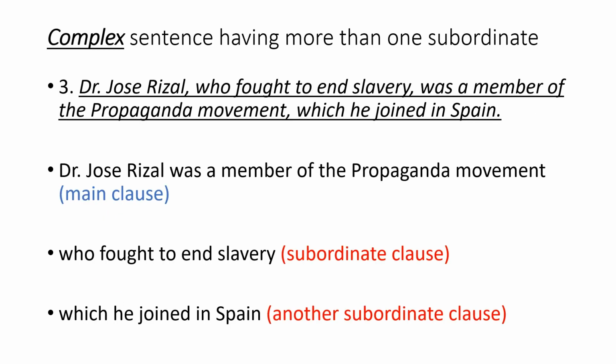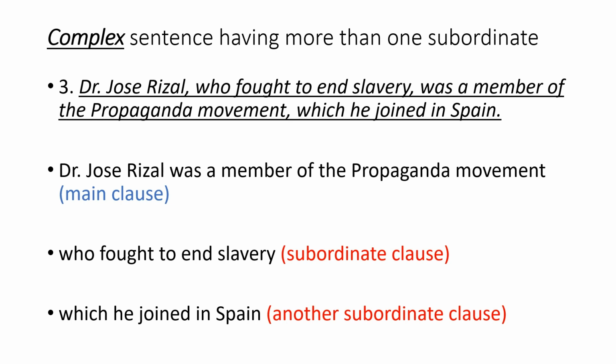Here is an example of a complex sentence having more than one subordinate clause. Dr. Jose Rizal, who fought to end slavery, was a member of the propaganda movement which he joined in Spain. Dr. Jose Rizal was a member of the propaganda movement is the main clause in the sentence.